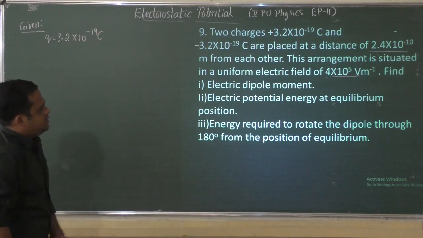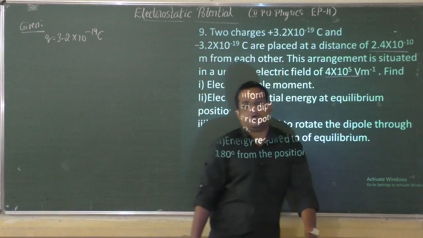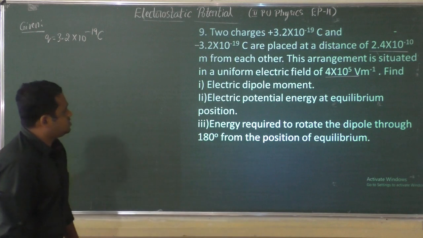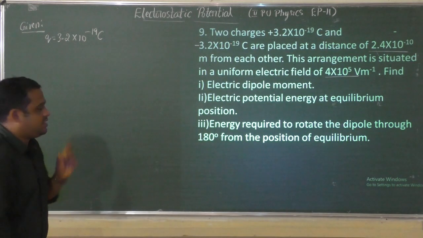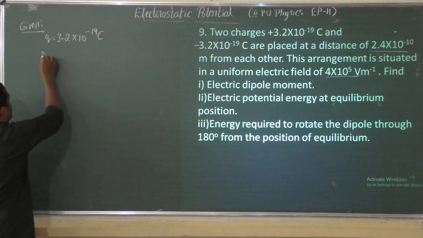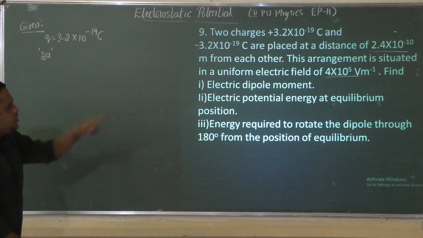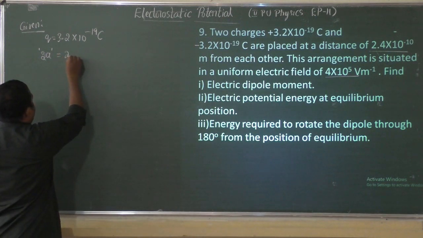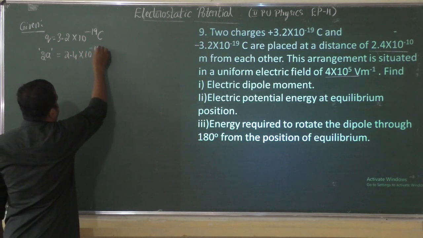Then charges are placed at a distance of 2.4 into 10 power minus 10 meter. Now the separation between the charges is nothing but the dipole length. Therefore, straight away I can write dipole length. We represented dipole length as 2a. 2a is equal to 2.4 into 10 power minus 10 meter.